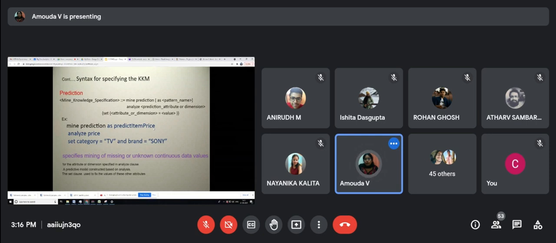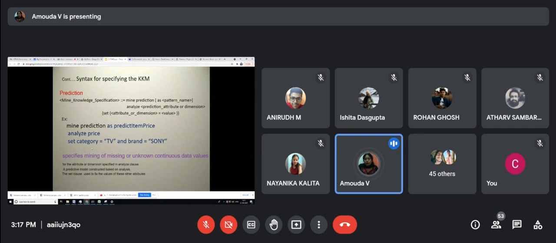Which price of which item category? Set category. Set attribute or dimension. Set category equal to TV and brand Sony. What does it mean? What is the price of the TV? What is the price of the Sony? Predict the value according to the price and give it in value.